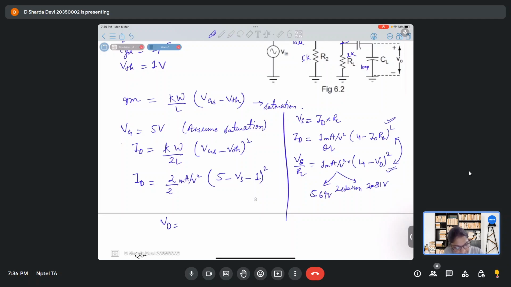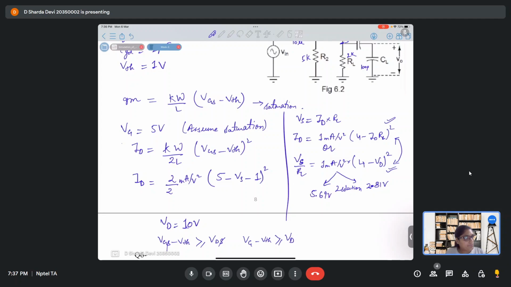VD is at 10 volts, and VG minus VTH should be greater than or equal to VDS. If VS is cancelled, then VG minus VTH will always be equal or greater than VD.